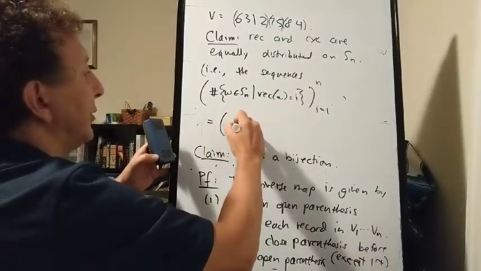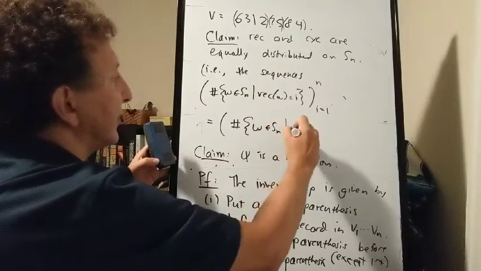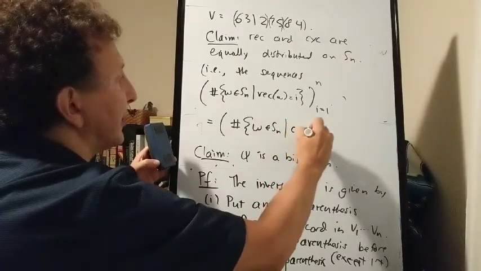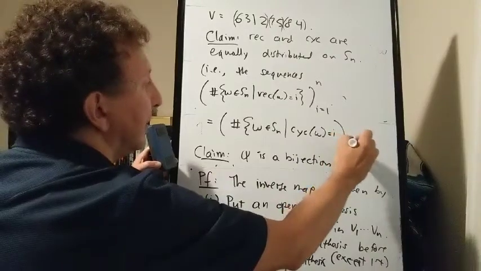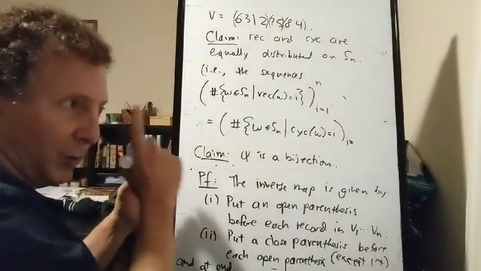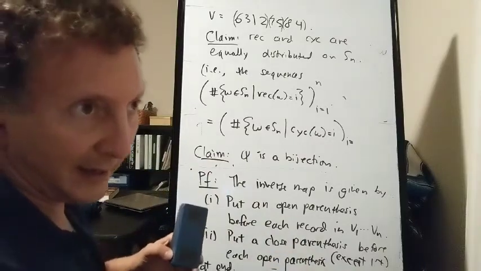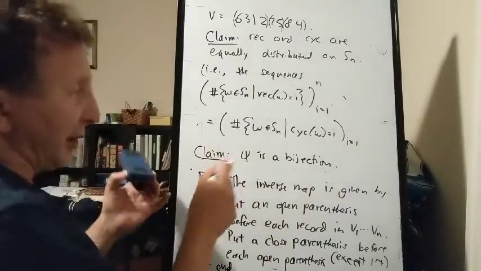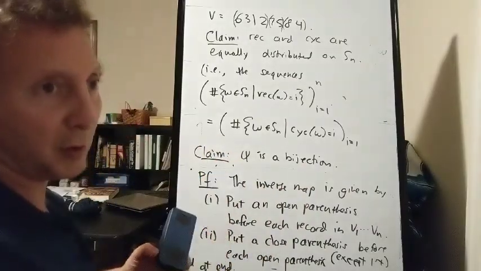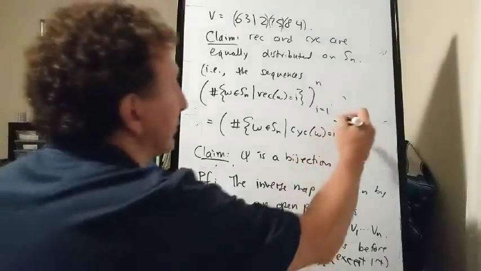And then if we look at the sequence of permutations such that the number of cycles is i, there could be one cycle, because 1 could go to 2, which could go to 3, which could go to 4, etc., and then n could go to 1. That would be one cycle. And then there could be n cycles, because 1 could go to 1, 2 could go to 2, 3 could go to 3, and every single letter could be in its own cycle.